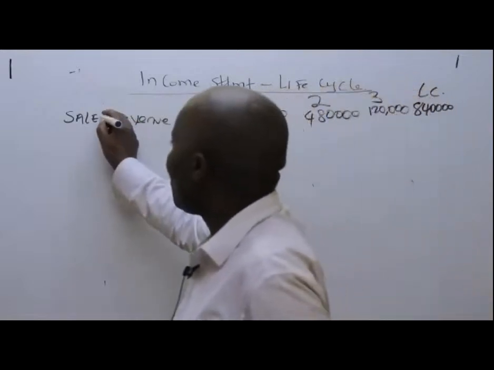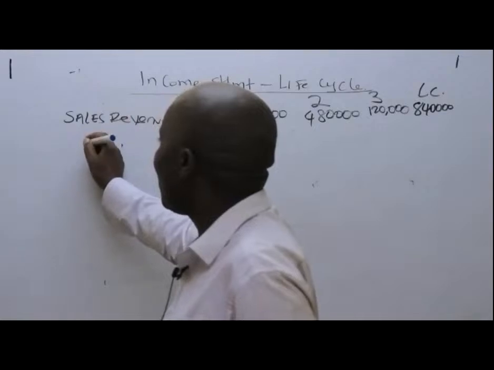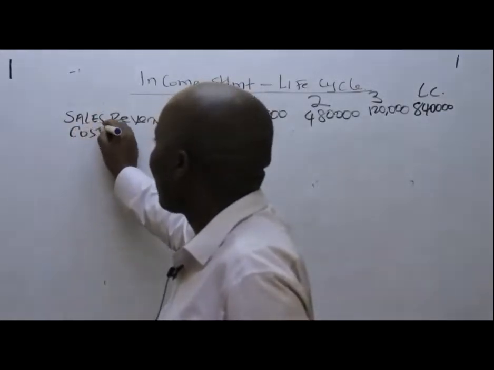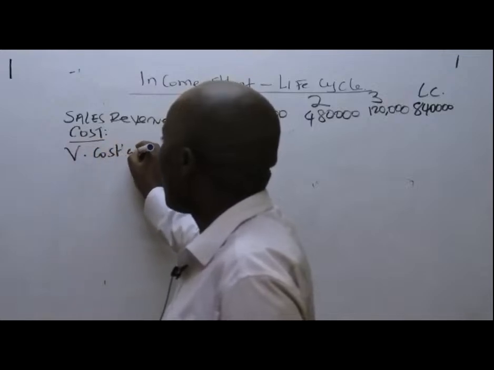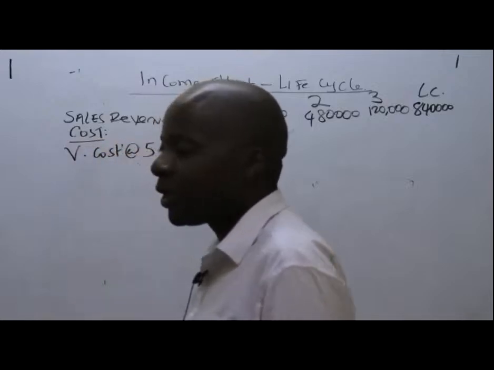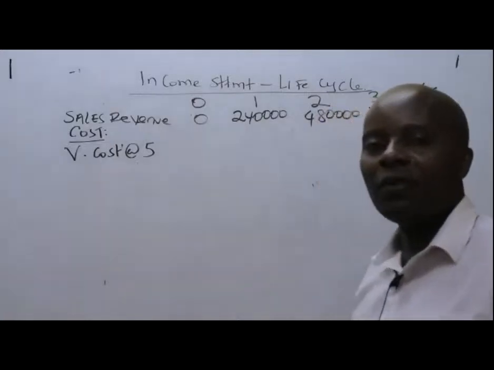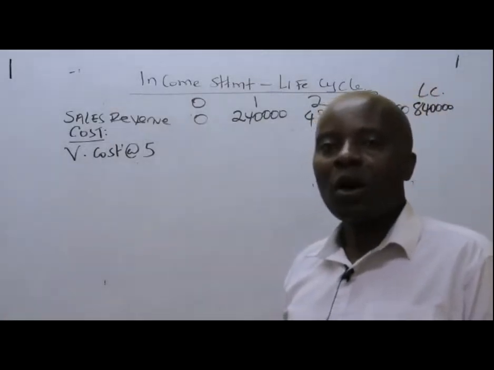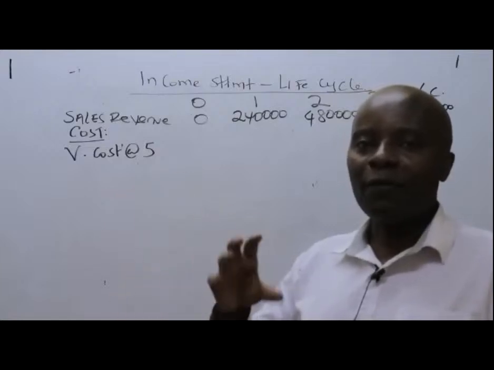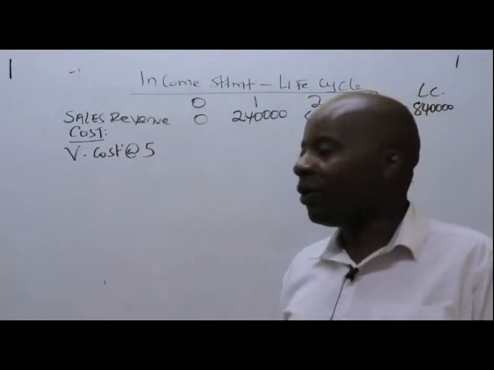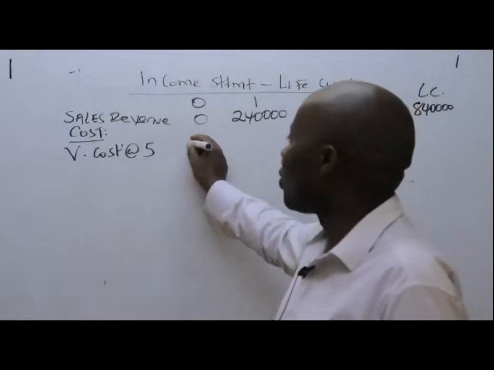Now, after that, ladies and gentlemen, I would want us to go to the next thing, which is the cost, where we shall start with variable cost. Remember, we already calculated variable cost and got a figure of 5 per unit. So ours will be to take the number of units multiplied by 5. Year 0, of course, units are 0.